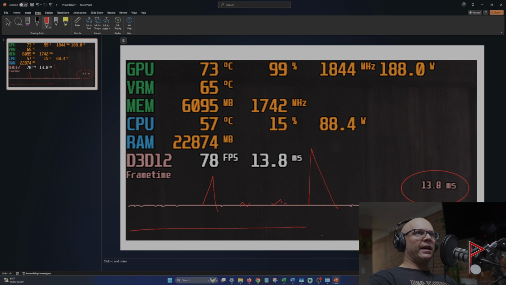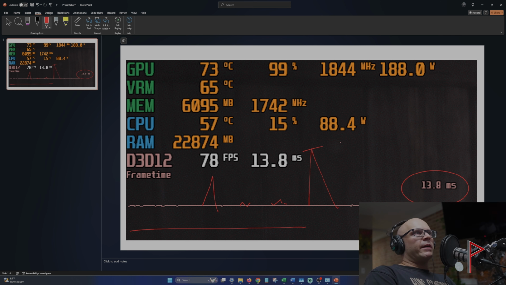Let's say it bumped up here to 40. Then you just take your 1000 milliseconds and divide that by 40 and you get 25. 25 FPS is unplayable if the whole game was 25. So when it switches from 72 FPS to 25, that's a major frame time spike, and you will notice that. It'll be a hitch, a little glitch, a microstutter.